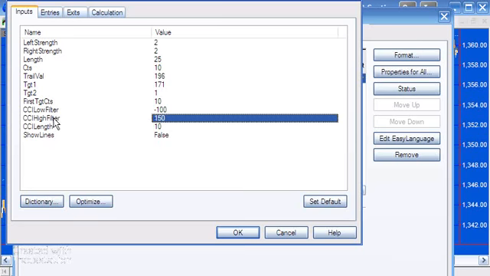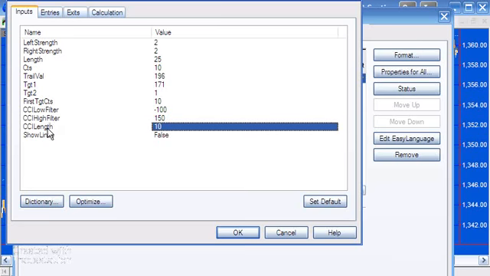Similarly, for a short trade, we would need the trend line break. We would also need the CCI to be equal to or greater than the CCIHighFilter. We would also need user defined filters short filter 1, short filter 2 and short filter 3 to evaluate true.